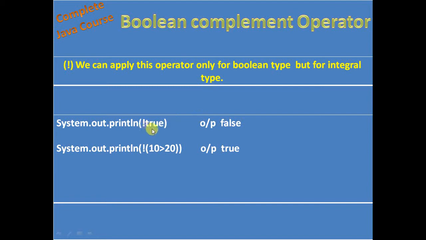If you apply the negation complement operator, then true will become false. Here you will see 10 greater than 20, which is false, and if you apply the complement operator, it will become true.